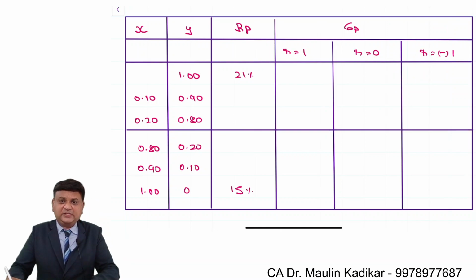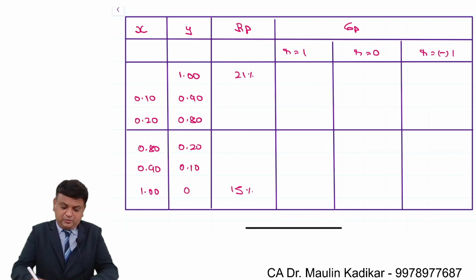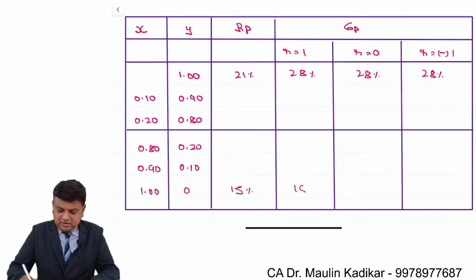If you invest only in one security, whatever is the standard deviation of that security itself is the standard deviation of your portfolio. So the standard deviation will be 28% if you invest only in security Y, and the standard deviation of security X will be 18% if you invest only in security X. That is what we understand.